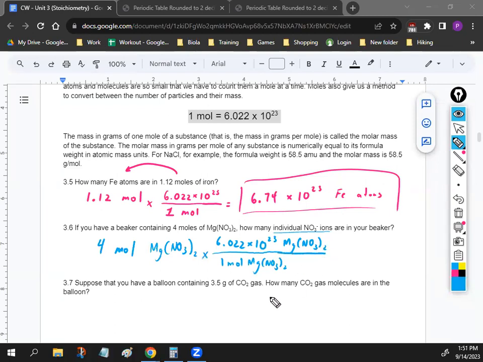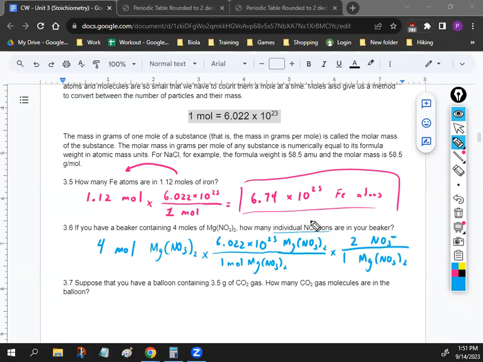Now, this might be where a lot of you stopped, but this is where you need to keep going. Because if you take a look at the formula for Mg(NO3)2, how many NO3s are there? 2. Yeah, and that's where I try to trick you. When you have 1 Mg(NO3)2 molecule, there are a total of 2 NO3 minus ions.